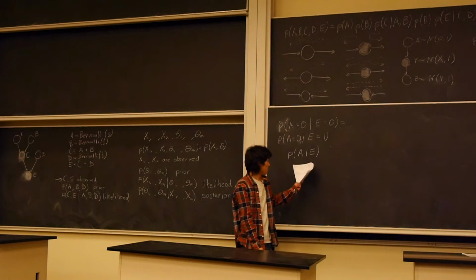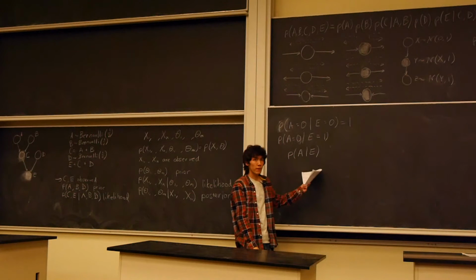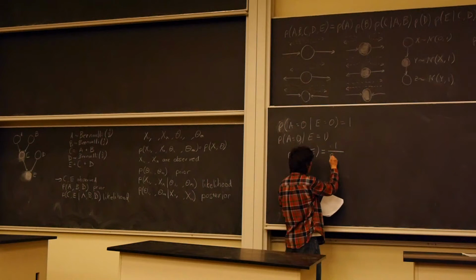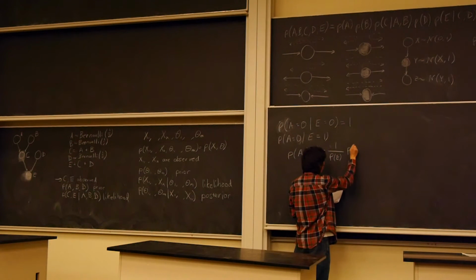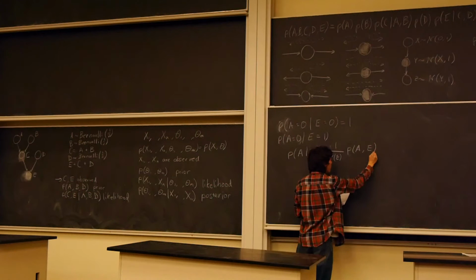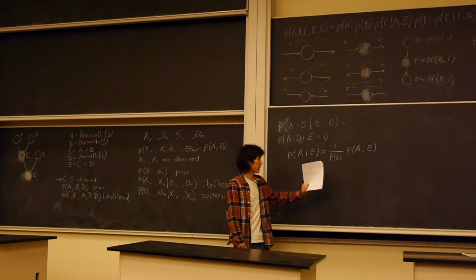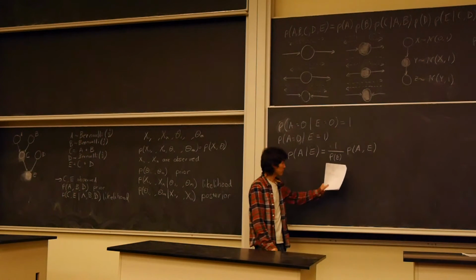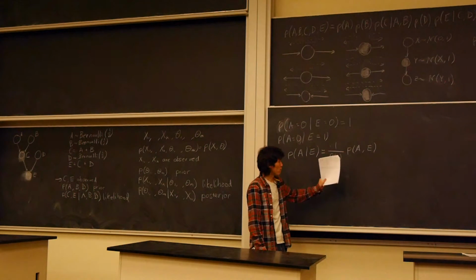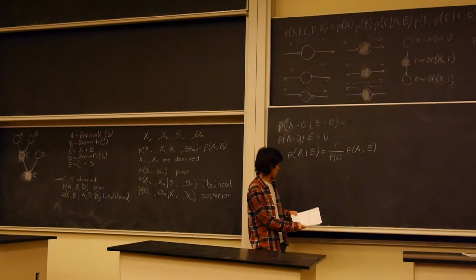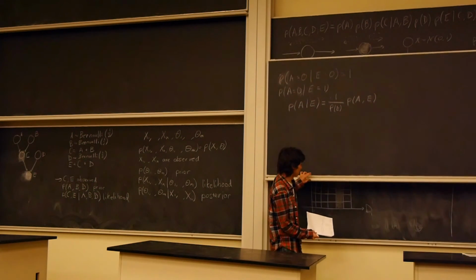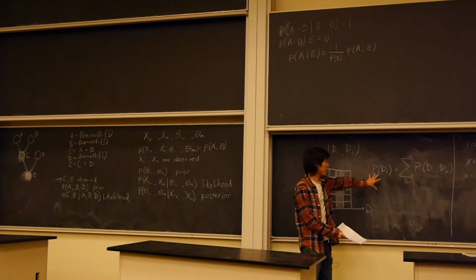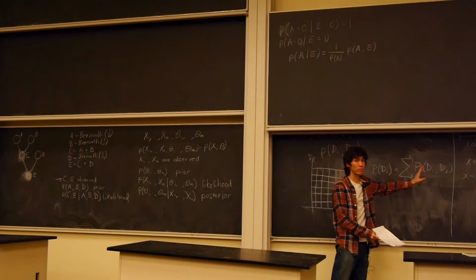So using Bayes' rule, I can write this out as the joint divided by the probability of the condition, right? And if you remember, the probability of anything is the sum over the probability of the joints.